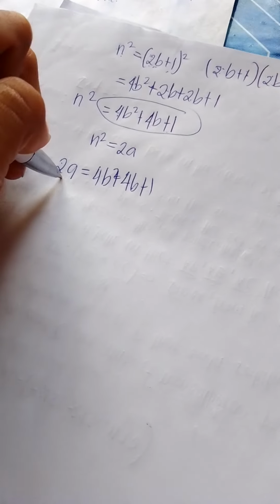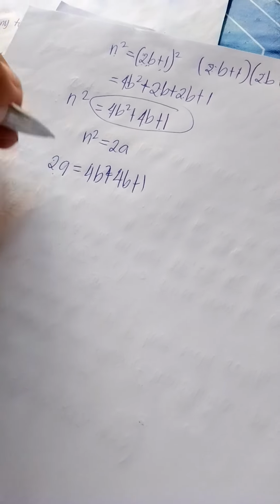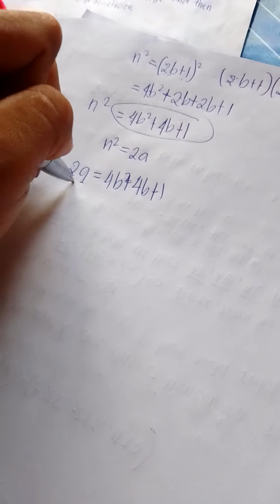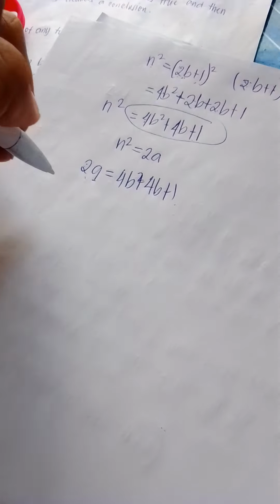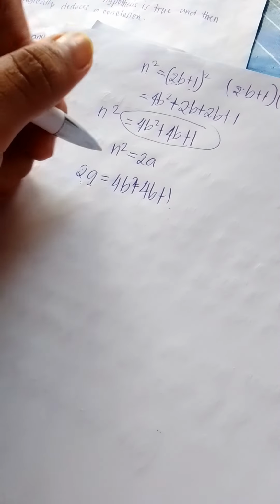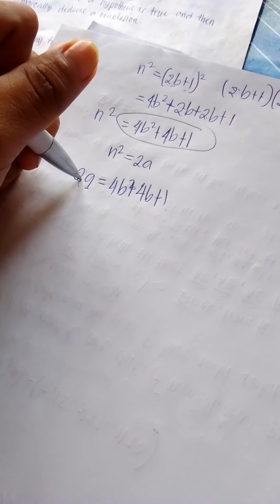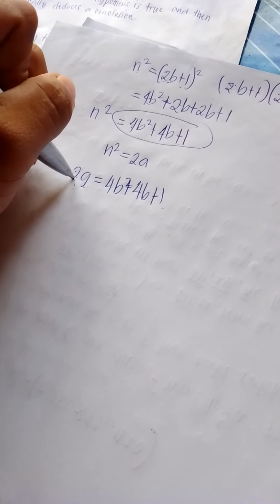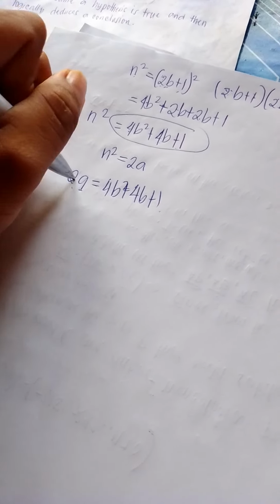So let's transfer the variable term to one side and the constant to the other. 2a is transferred to the right side, then the constant, which is 1, is transferred to the left.